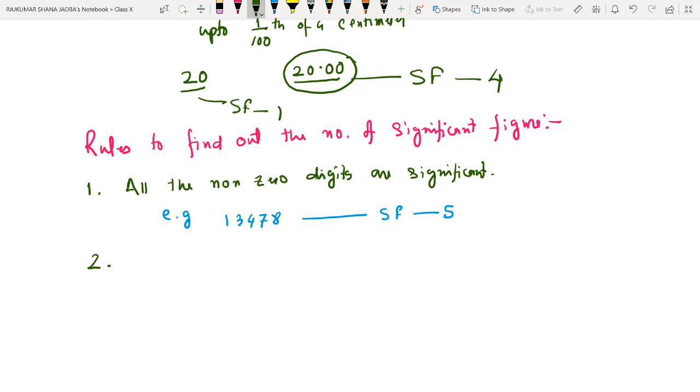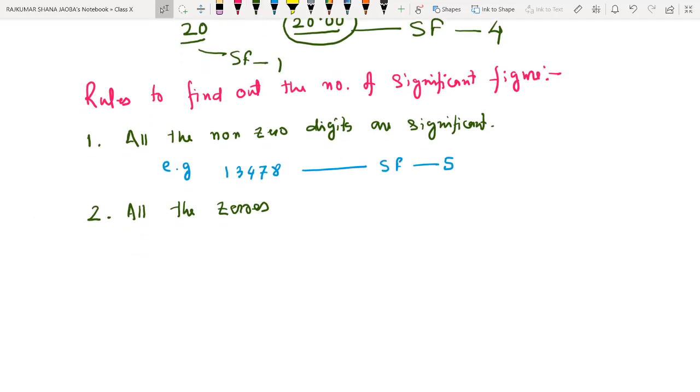Number 2: all the zeros between 2 non-zero digits are significant.